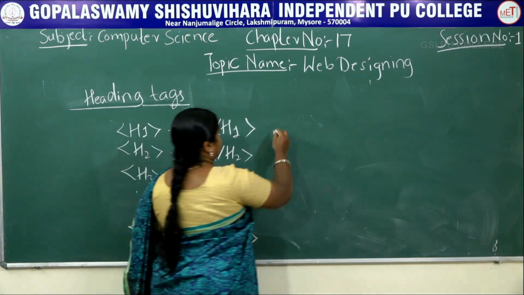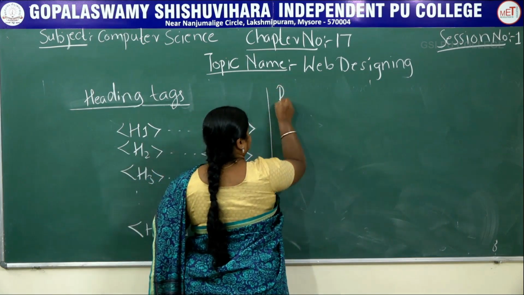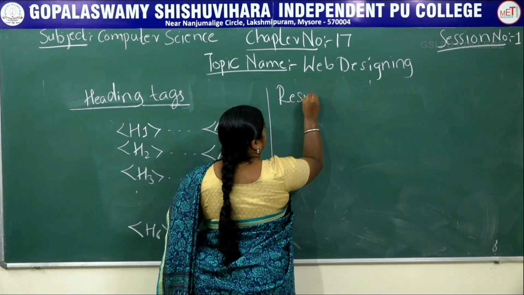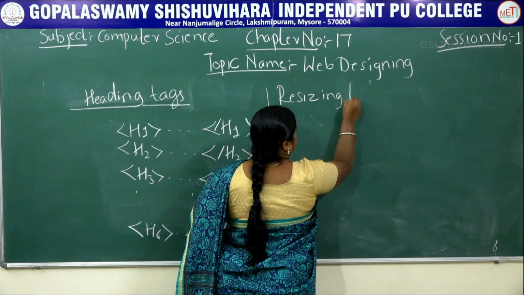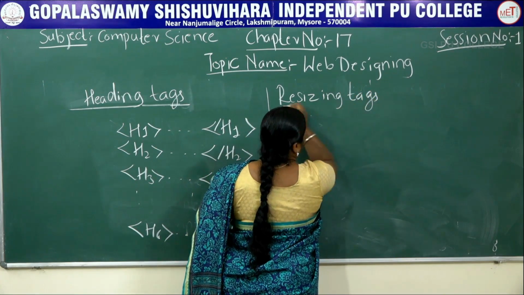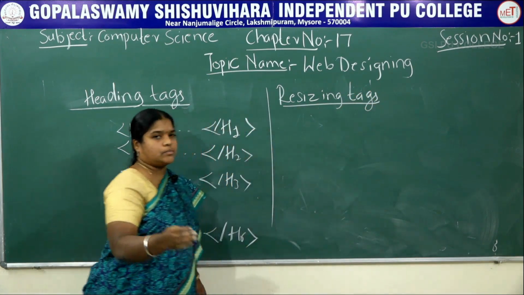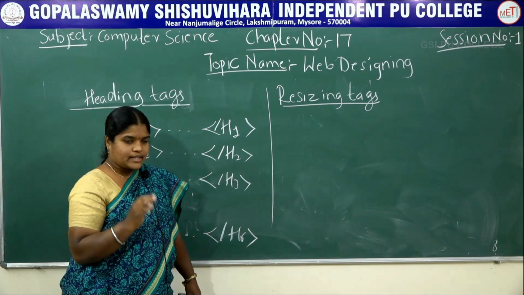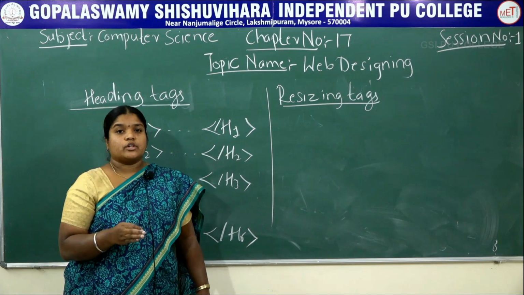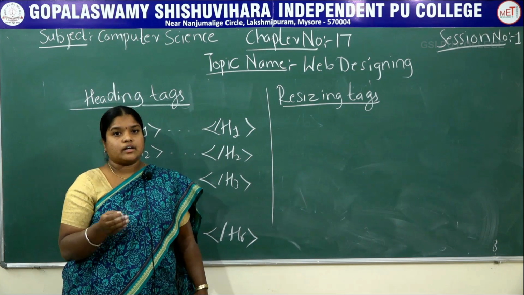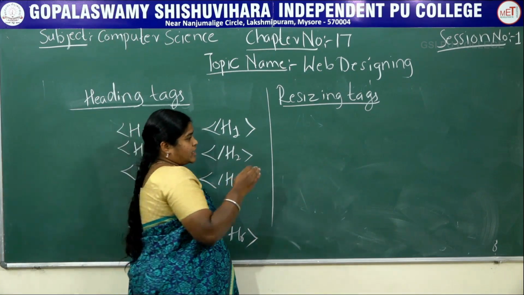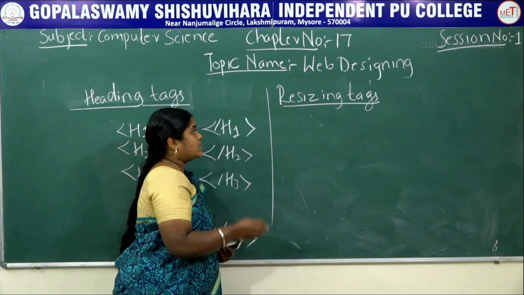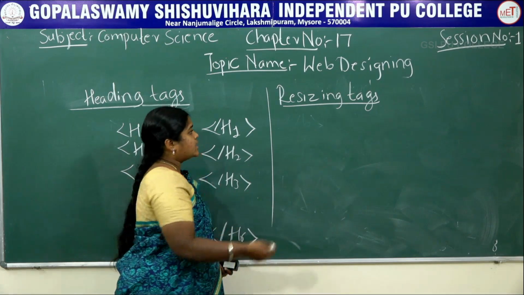Next we will see some of the resizing tags. Now what do you mean by resizing tags, or what is the purpose of resizing tags? Resizing tags are used to change the font size of the text, and that is why they are called resizing tags.